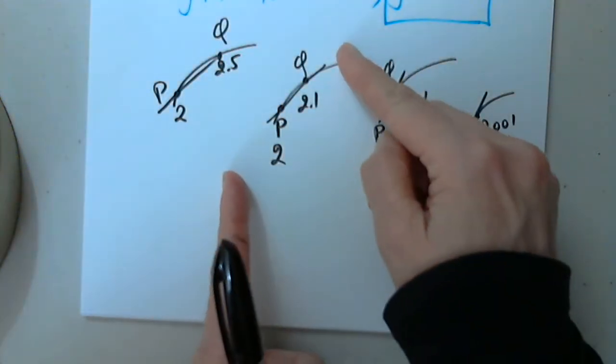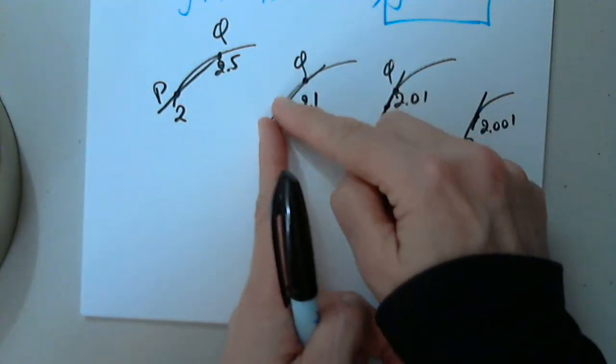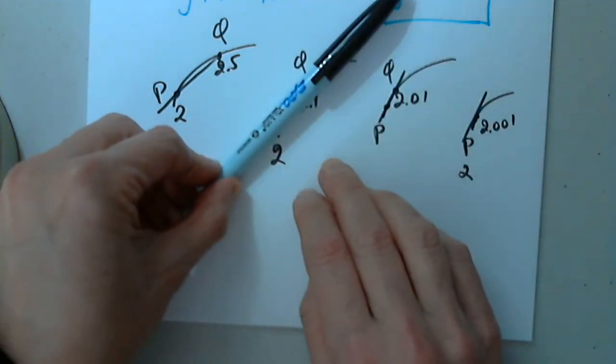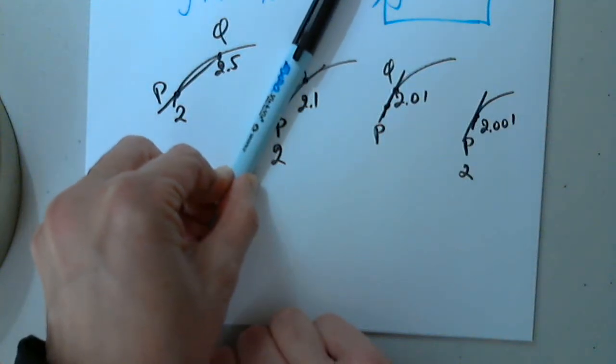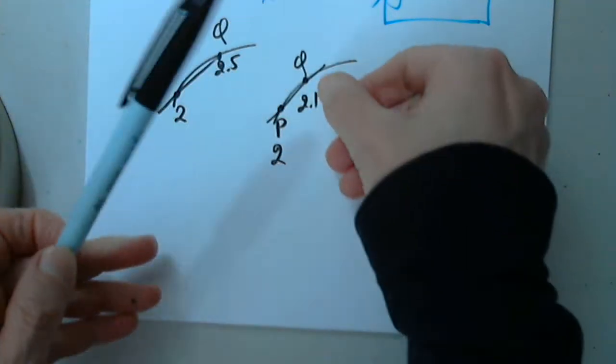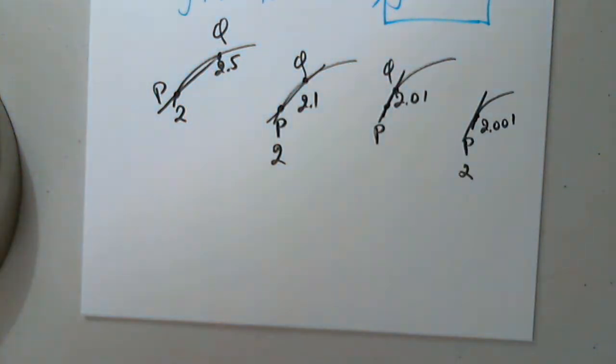And as we get Q closer and closer to P, this line gets closer and closer to becoming the tangent line as Q approaches P.